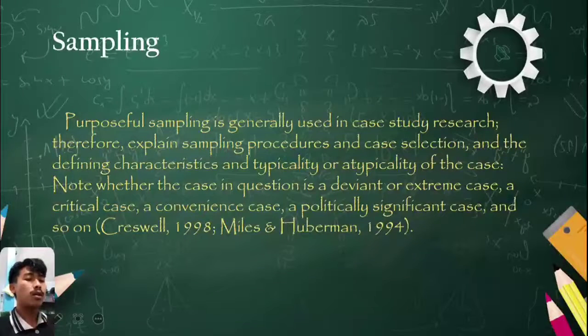Note whether the case in question is a definitive or extreme case, a critical case, a convenience case, a politically significant case, and so on. Creswell, 98, Miles and Huberman, 94.